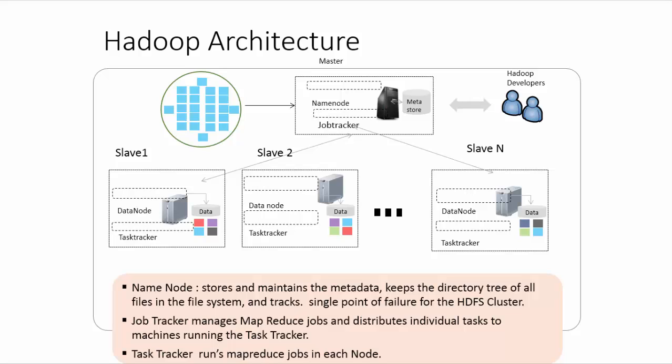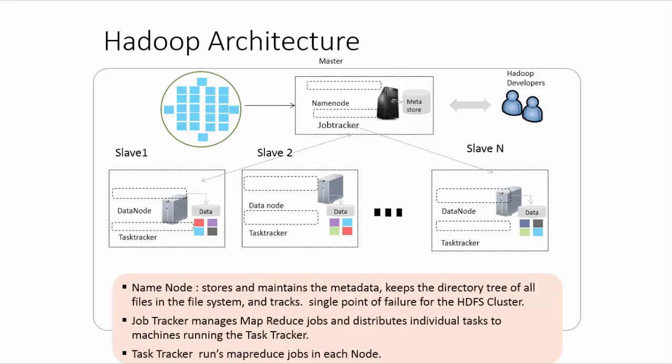Though you have configuration files where you can modify the default block size, if you are going with the default block size, for Hadoop 1.x it's 64 MB. So we are taking an assumption that we are using Hadoop 1.x. If we have to store a file of 1 GB, that file will break down into 16 blocks. If we divide 1 GB by 64 MB, that comes out to be 16. So 16 blocks would be there.